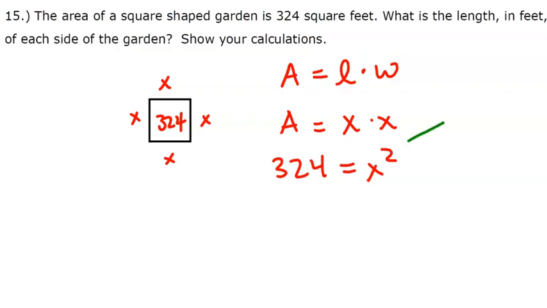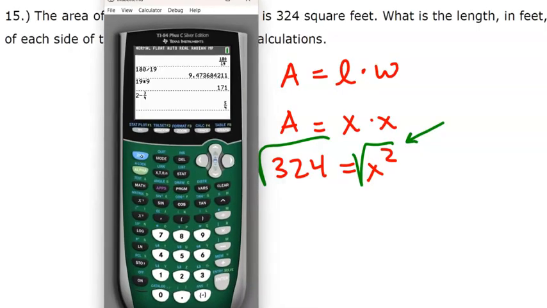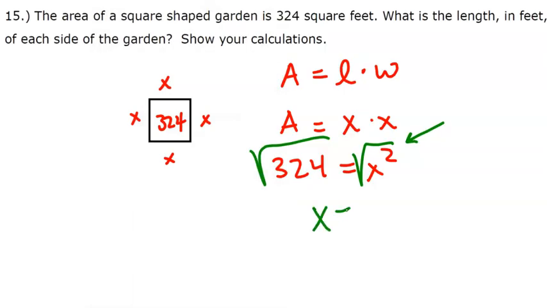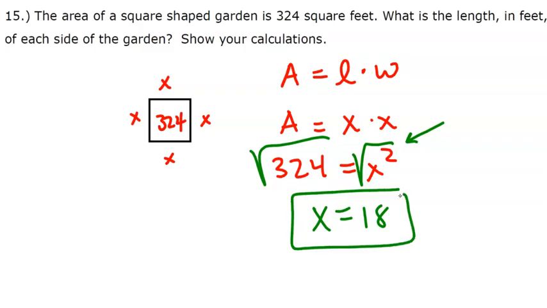How do you get rid of an exponent? By using a root. So 324 is what I want to find the square root of. The square root of 324 is 18. So each side is 18 feet.